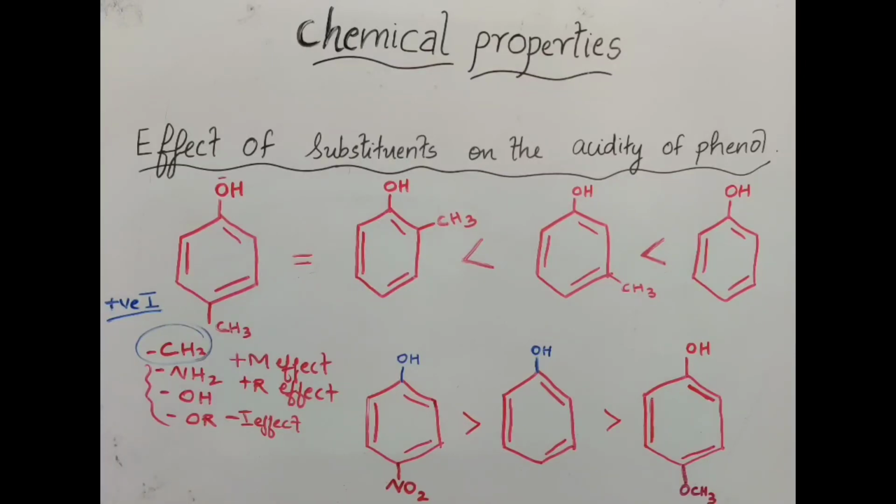That is, the acidity of the phenol is increased due to the presence of NH2, OH and OR groups, even though these groups are electron releasing groups. What is the reason?